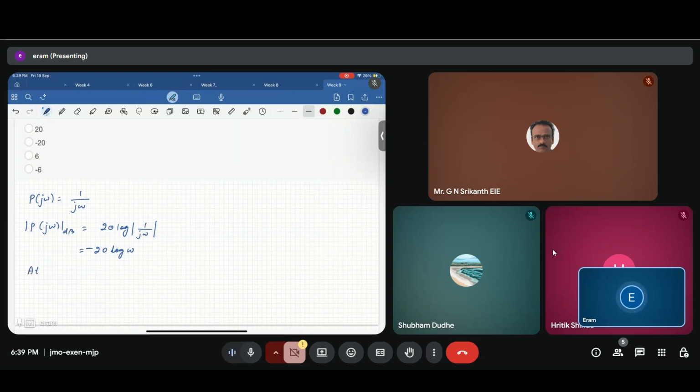So at omega we have magnitude minus 20 log of omega. What will be the magnitude at 2 omega? We have incremented by an octave, so the magnitude will be minus 20 log 2 omega, which we can write as minus 20 log omega minus 20 log 2.